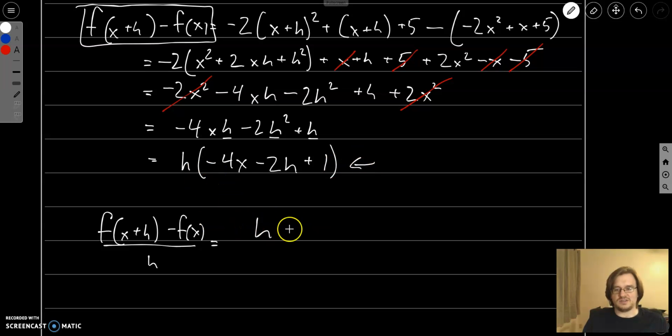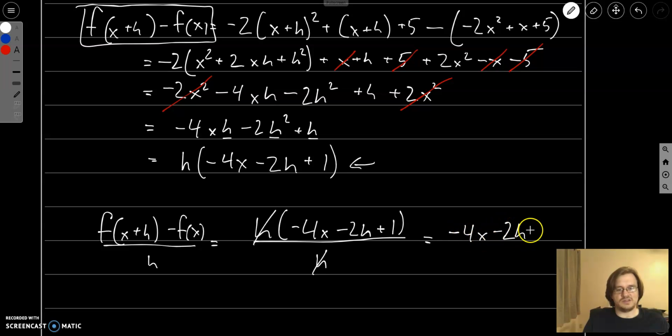So this is going to be h times negative 4x minus 2h plus 1. And all this is over h, and cancel, cancel, minus 4x minus 2h plus 1. This is my difference quotient. It's just following the formula, and there's not a whole lot more to it than that.